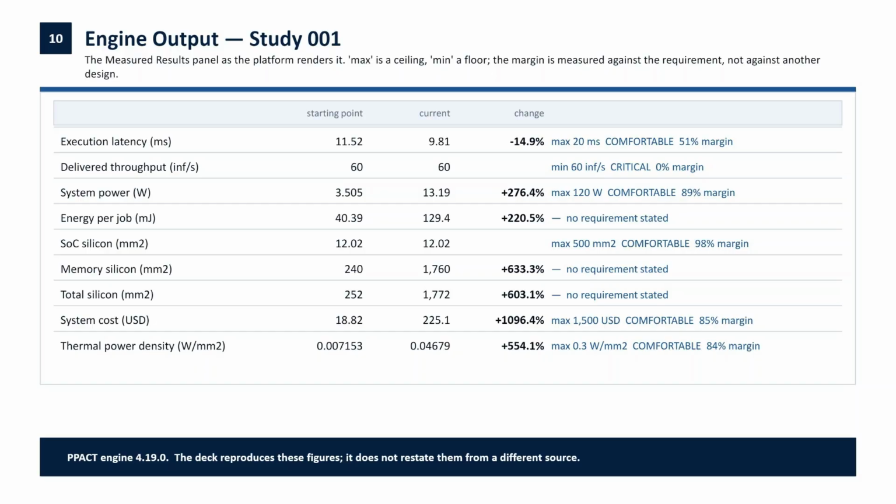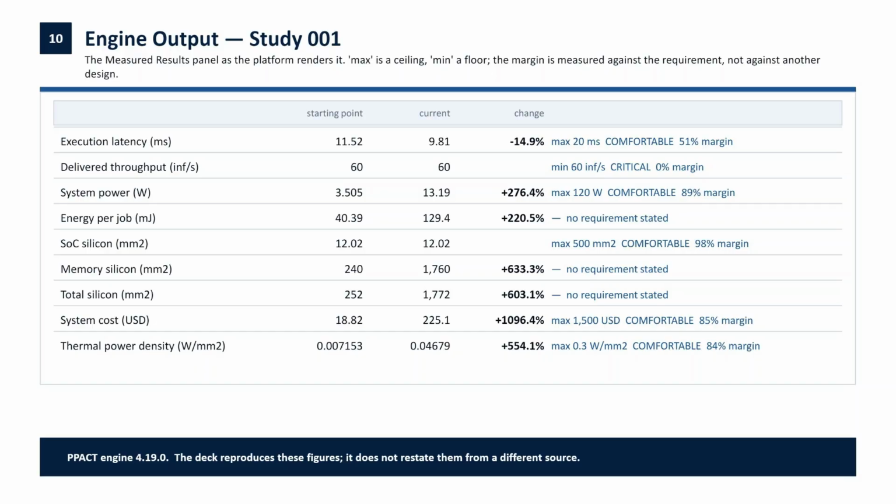Now let us look at the changes between the two designs. Execution latency decreases by approximately 14.9%. Delivered throughput, however, remains unchanged at 60 inferences per second because the target throughput itself is 60 inferences per second. System power increases by approximately 276.4%.